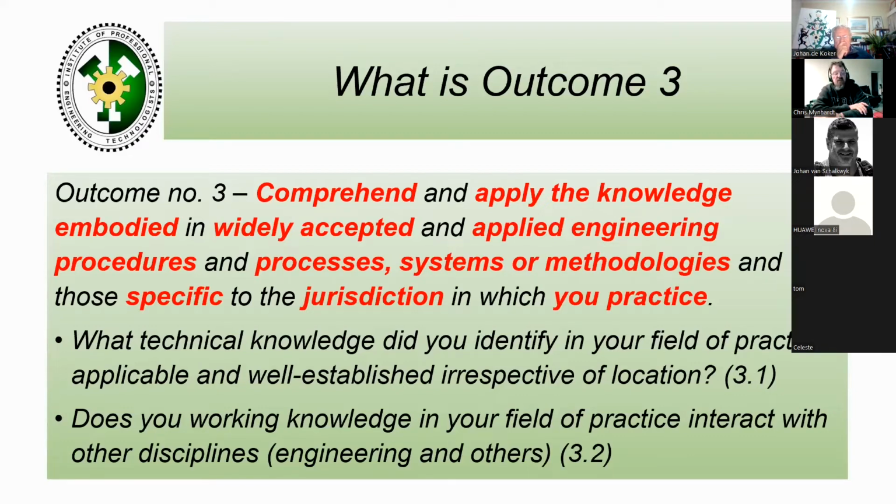Keep to your field of what you know. So what technical knowledge did you identify in the field of practice applicable and well established irrespective of location? This is 3.1 that you have to know. This is where you've learned your technical knowledge and your practical, and you mesh them together to get your solution.